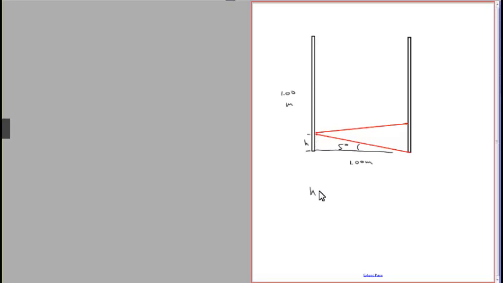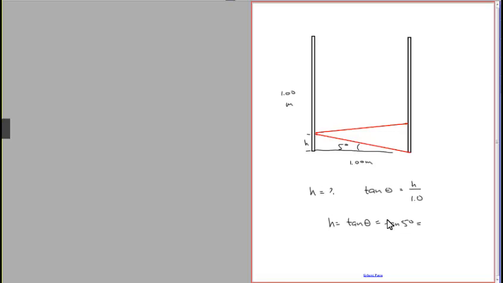Well, this is the opposite side of a right triangle, and this is the adjacent side of a right triangle, so that is the tangent. We can say the tangent of theta is equal to h over 1.0, the adjacent side. Therefore h is just equal to 1 times the tangent of theta, and that's the tangent of 5 degrees.